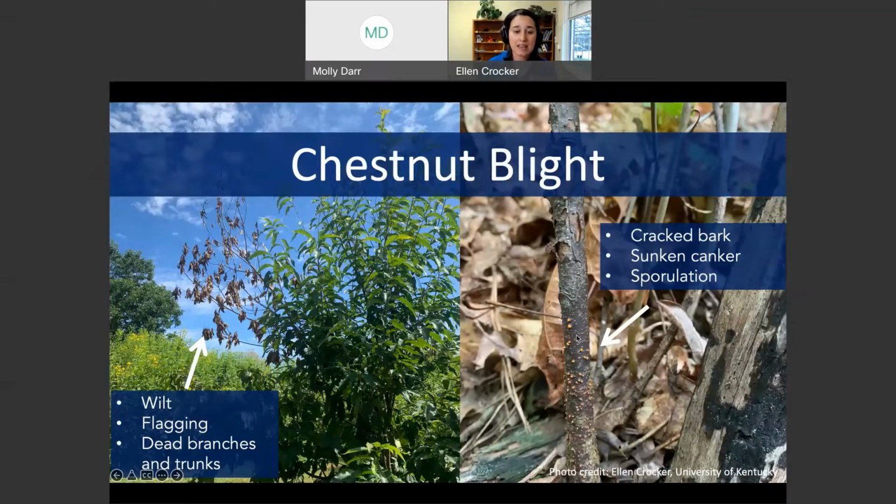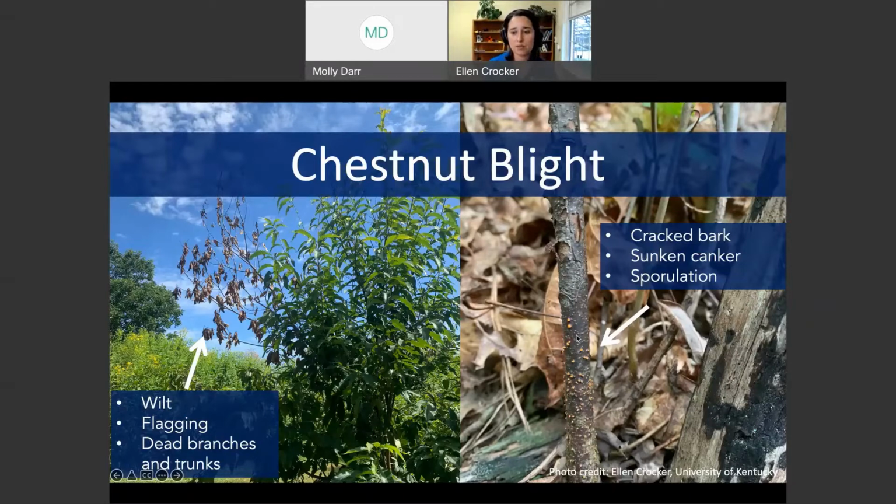That's a sign of the pathogen that's causing this, Cryphonectria parasitica, in the vascular system under that bark. And whenever a shoot gets large enough, it gets killed, and more will sprout up from the root system because that's not going to be impacted. And that's why it takes on this shrubby, almost bushy form.